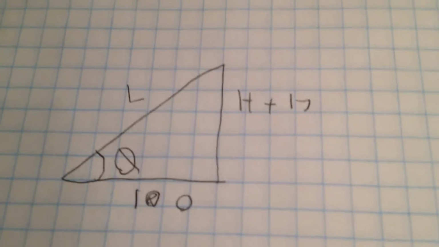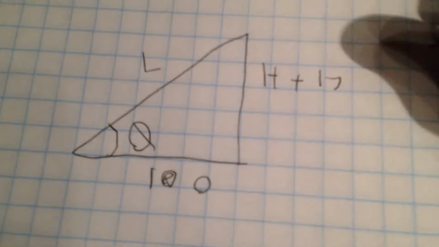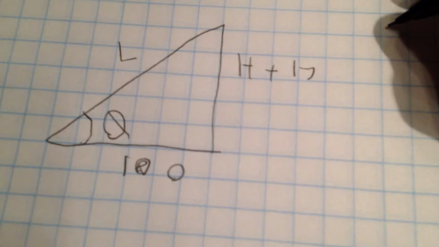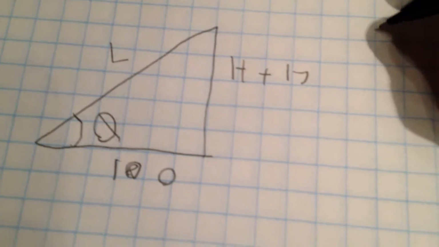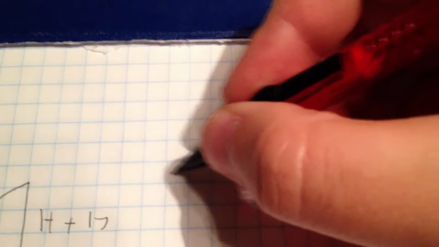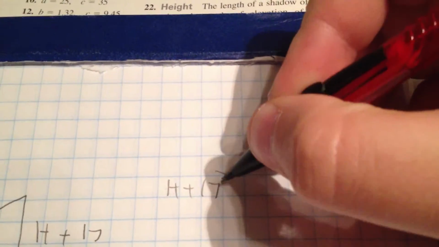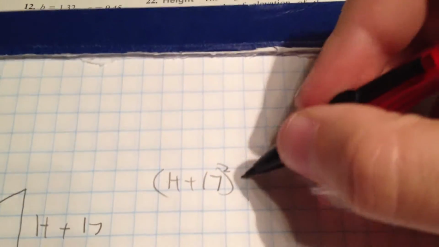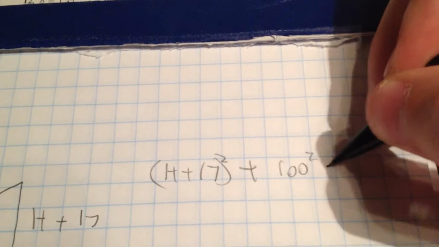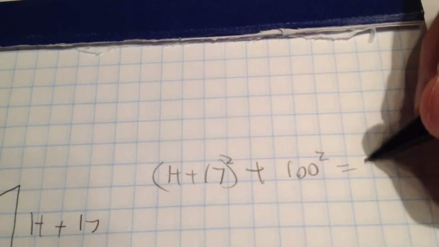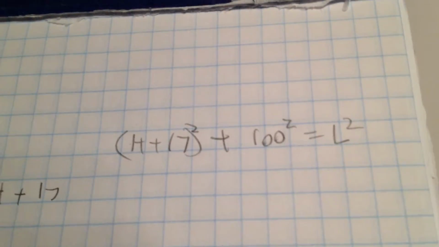And so that's going to be pretty easy. We're just going to use Pythagorean's theorem. So that's a squared plus b squared equals the hypotenuse squared. So let's see here. We've got (h plus 17) squared, I'll put those in brackets, plus 100 squared equals L squared. Now, we're going to go ahead and FOIL that.